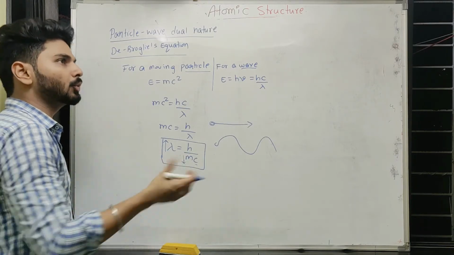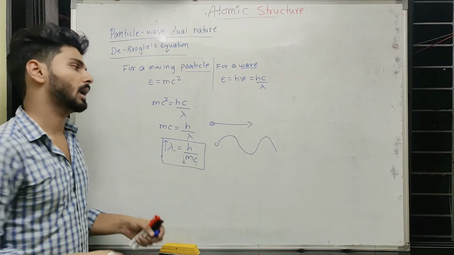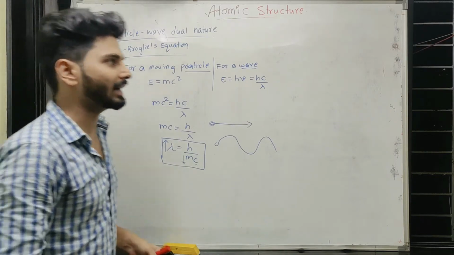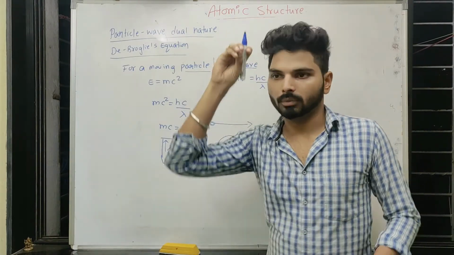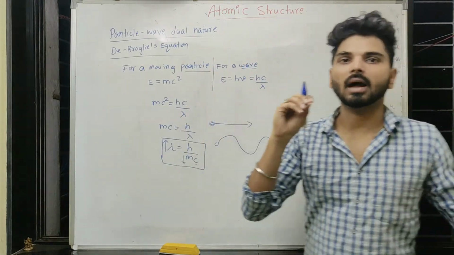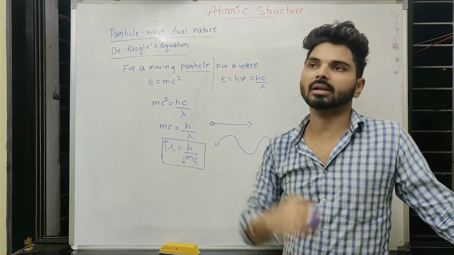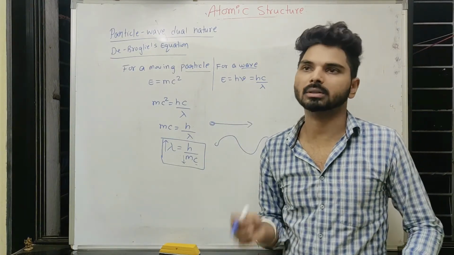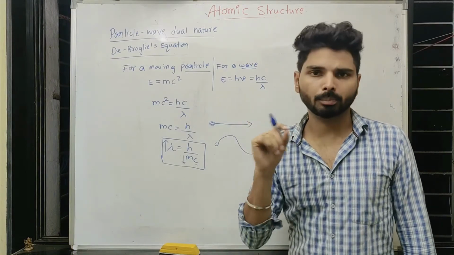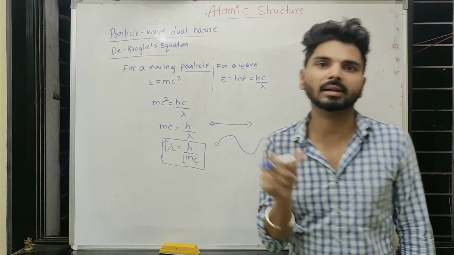For example, our movement won't appear like a wave. But for a very tiny thing, like if I am throwing an ant, its movement may appear like a wave to some extent, though even the ant is big enough that we can look at it.